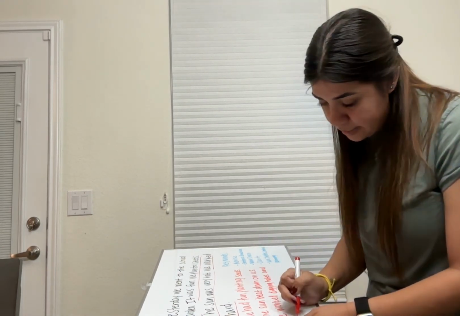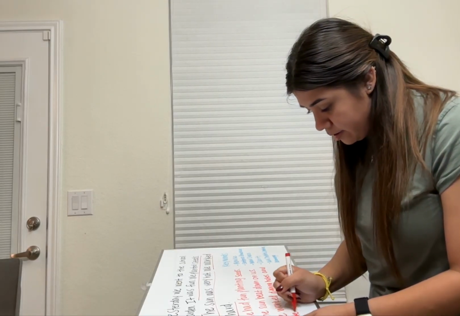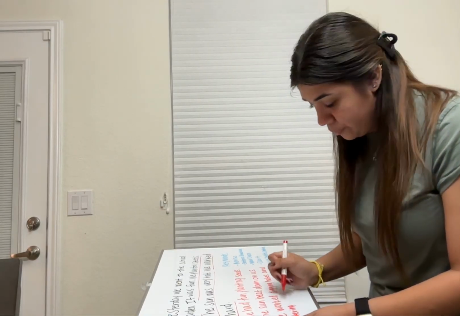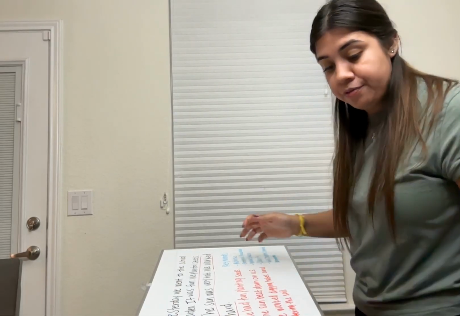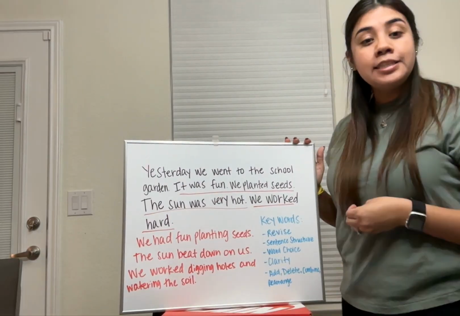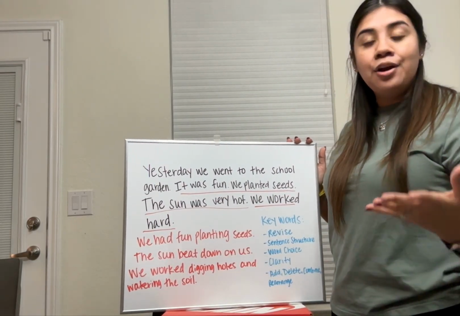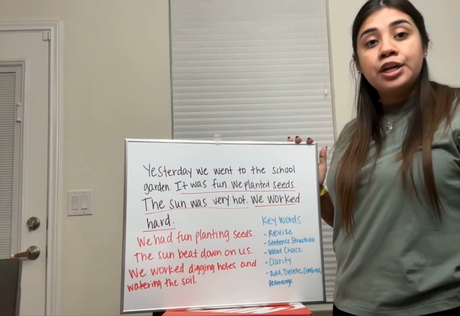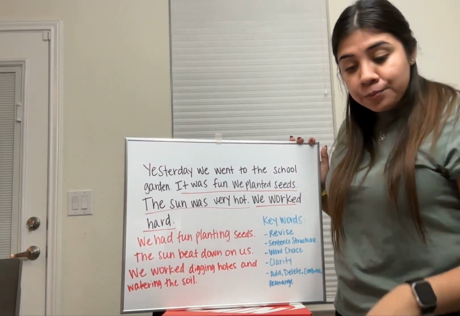And I can already see this picture in my head so much clearer. Watering the soil. Perfect. And now we have another sentence that we added details in to make it a little bit stronger, right? To give my reader or myself a clear picture in my head as I'm reading, right? Because then that makes it even more interesting, okay?